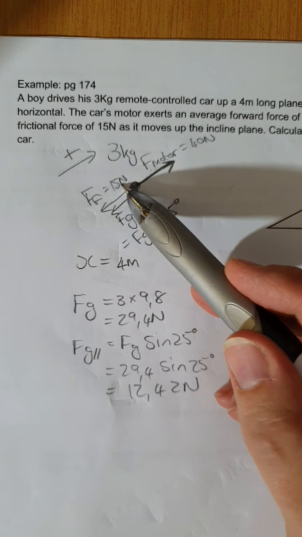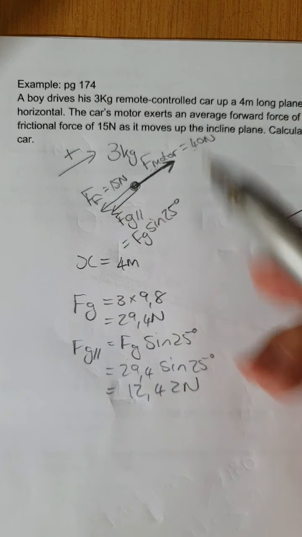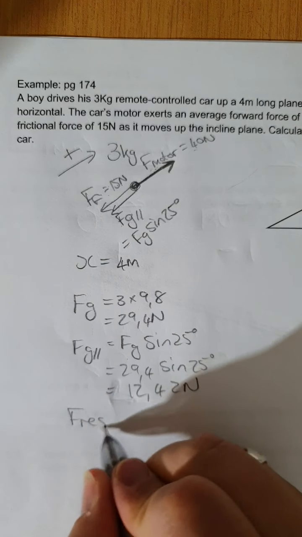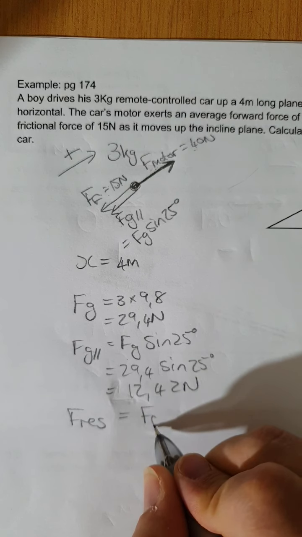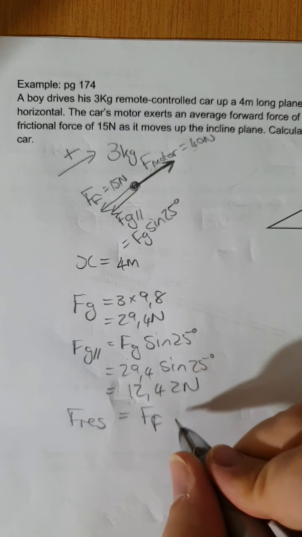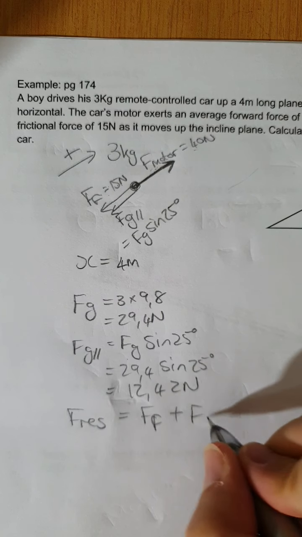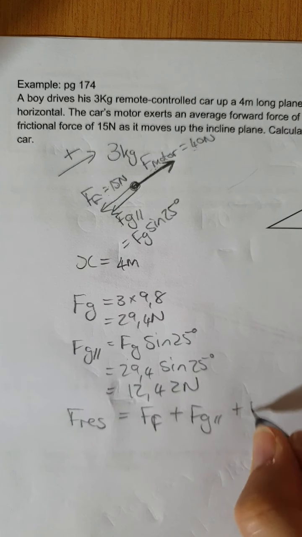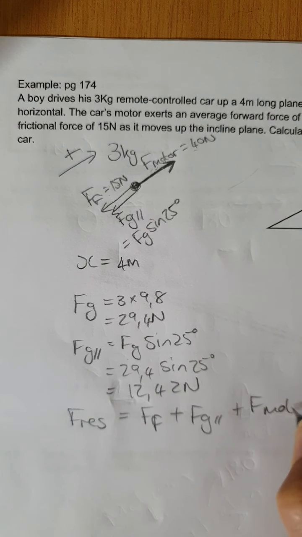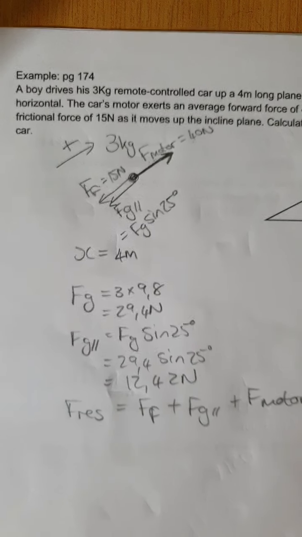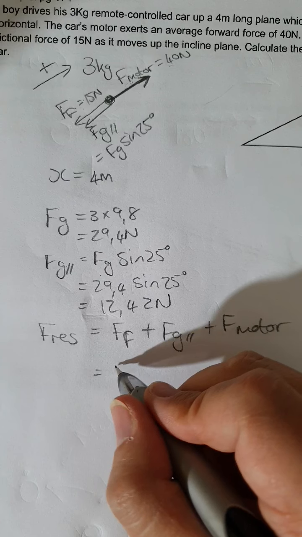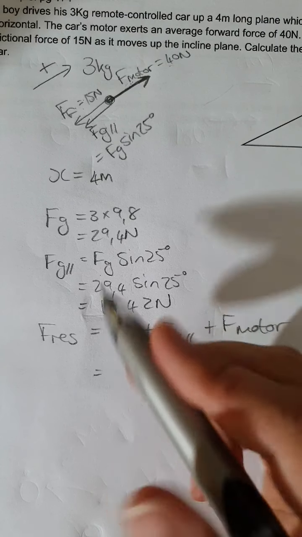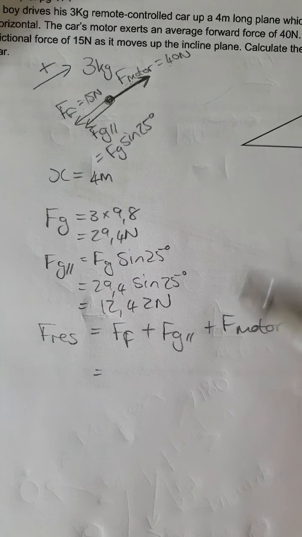So we've got that force, and now we've got the other forces. So we know that the resultant force is equal to the frictional force plus the Fg parallel plus the force of the motor. We add them all together and then we get our resultant. I have chosen up as positive.